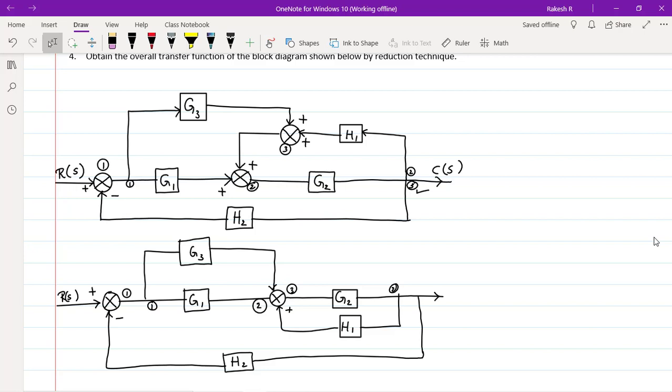H1 is the input for summing point 3 here, and H1 is used here like this. Similarly, G3 is clubbed for block number 3 here. Apart from that, 2 and 3 are clubbed here.